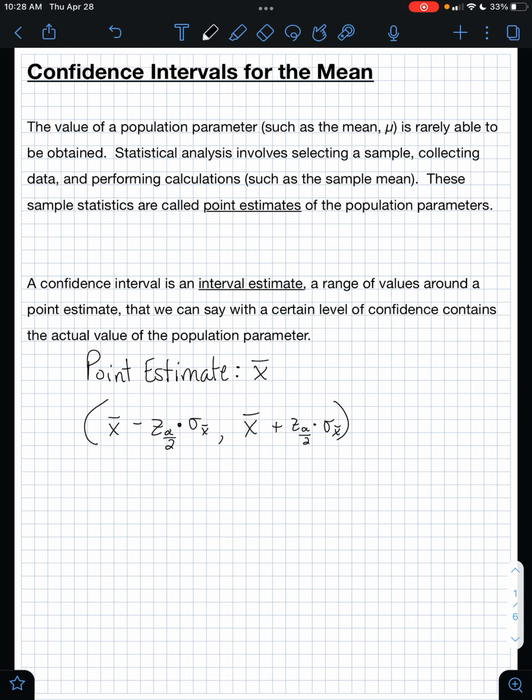And there's a good reason for that, which we'll get to in just a moment. But the idea here is that there will be a certain level of confidence, or a certain probability, that the population mean will be somewhere between the left endpoint and the right endpoint of this interval.